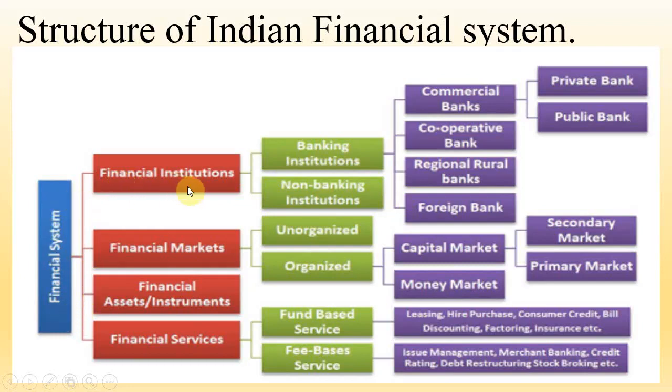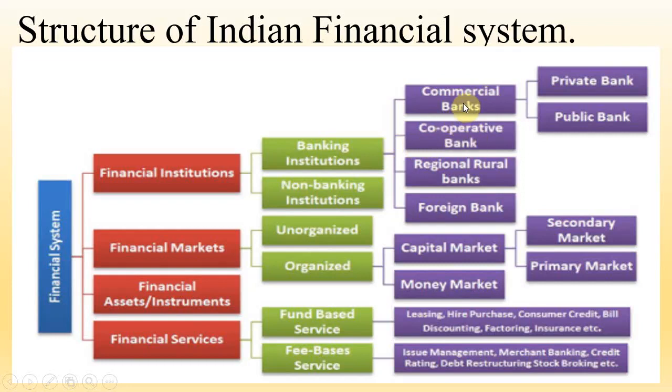Then next, it is financial institutions. What are the financial institutions in India? The first one is banking institutions like State Bank, ICICI Bank, HDFC Bank, this kind of bank. Then non-banking institutions. In banking institutions there are commercial banks, then cooperative banks.